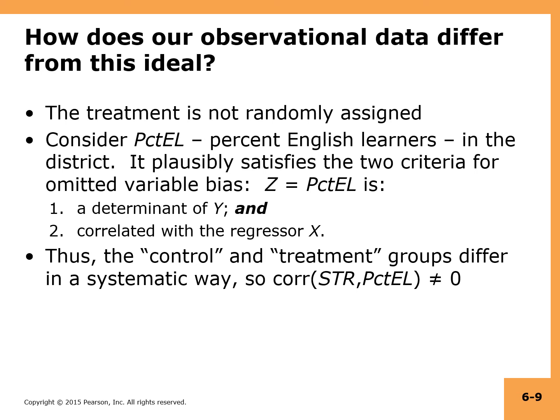It satisfies 2 conditions. Percent English learners is a determinant of test score, and it's also correlated with student-teacher ratio. In other words, we don't have control and treatment groups that are randomly assigned. So the correlation of student-teacher ratio and percent of English learners is not equal to 0, violating our least squares assumption number 1.